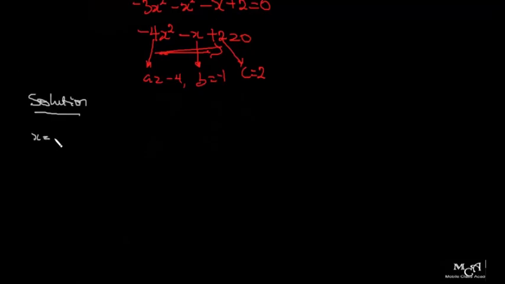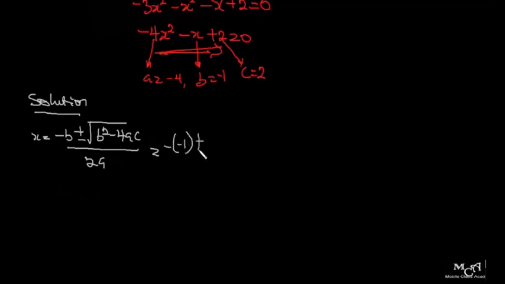Remember, our x is always equal to minus b plus or minus square root of b squared minus 4ac all over 2a. This will give us minus, what's our b? Minus 1, right? Plus or minus square root of minus 1 squared, right?